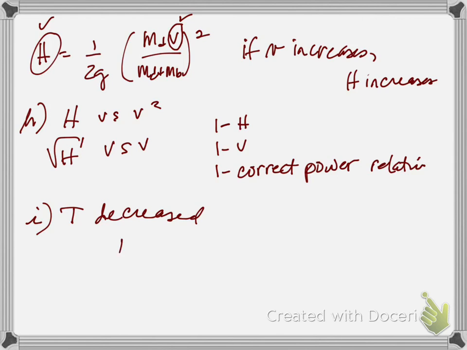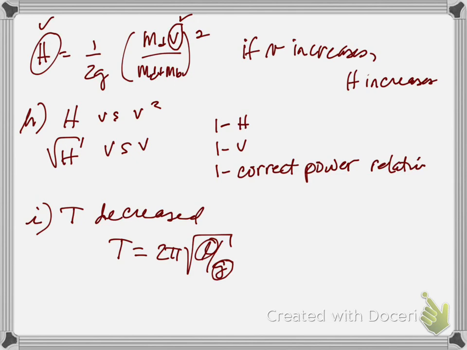Now, the period of a pendulum, and this is on your formula sheet, so don't forget, is 2 pi square root of L over g. So the only way we can change the period of this oscillation is by changing the length of the string or going to another planet. That wasn't one of the options, so string length is it.